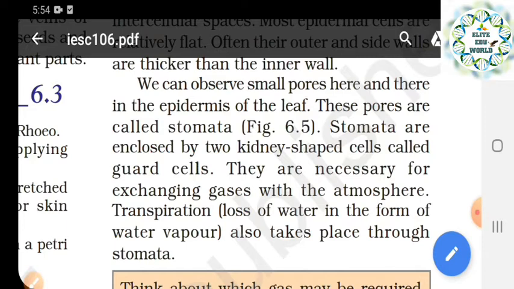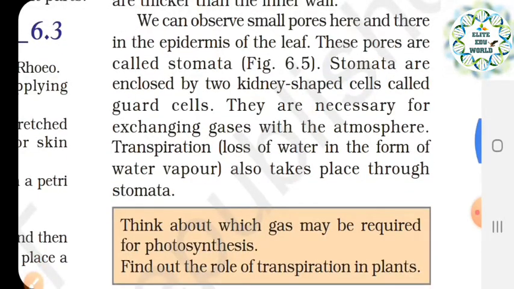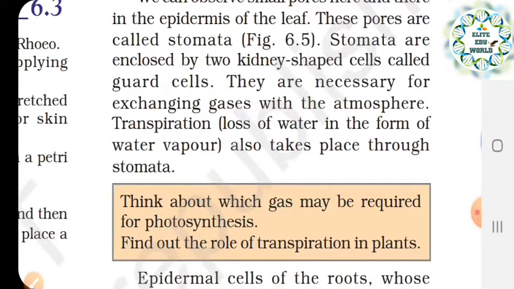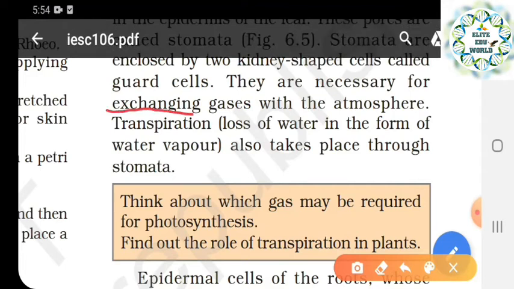Why is it necessary? To exchange gases with the atmosphere, and the second is transpiration, the loss of water in the form of water vapor, which also takes place through the stomata. So the stomata does two important functions. One, it is needed for the exchange of gases with the atmosphere.